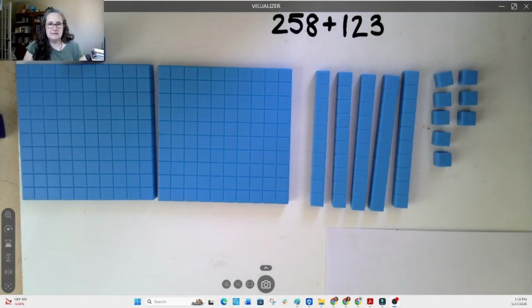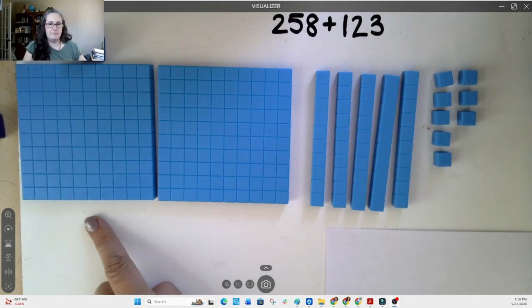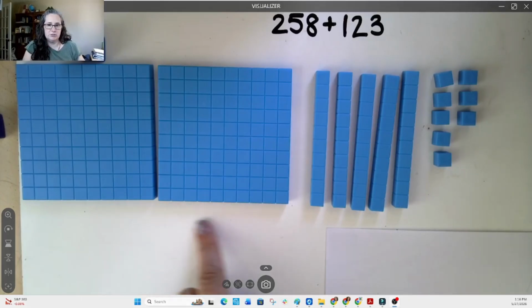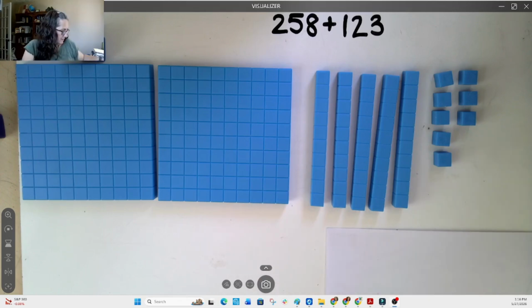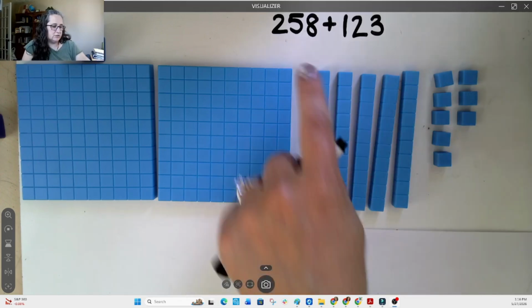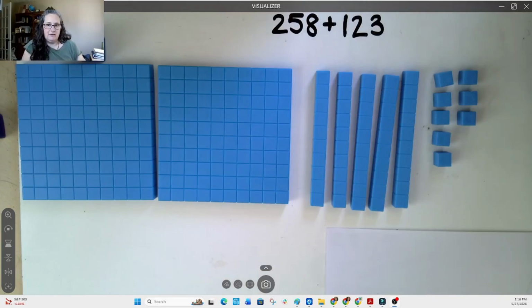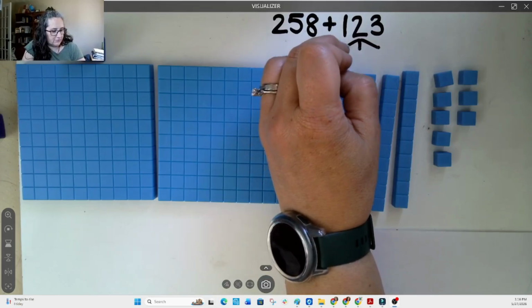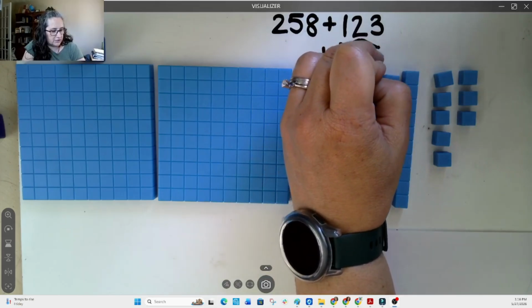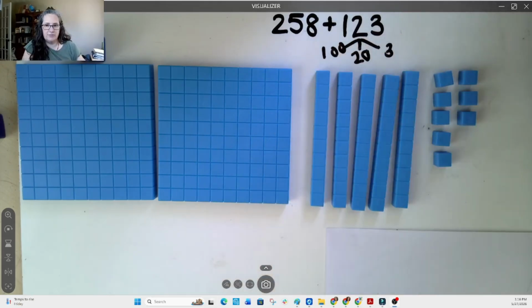To start this problem, I have modeled with base 10 blocks 2 hundreds, 5 tens, and 8 ones. That shows our 258. If I'm going to add on 123 by place value units, I'm going to add on 100, 2 tens, and 3 ones.